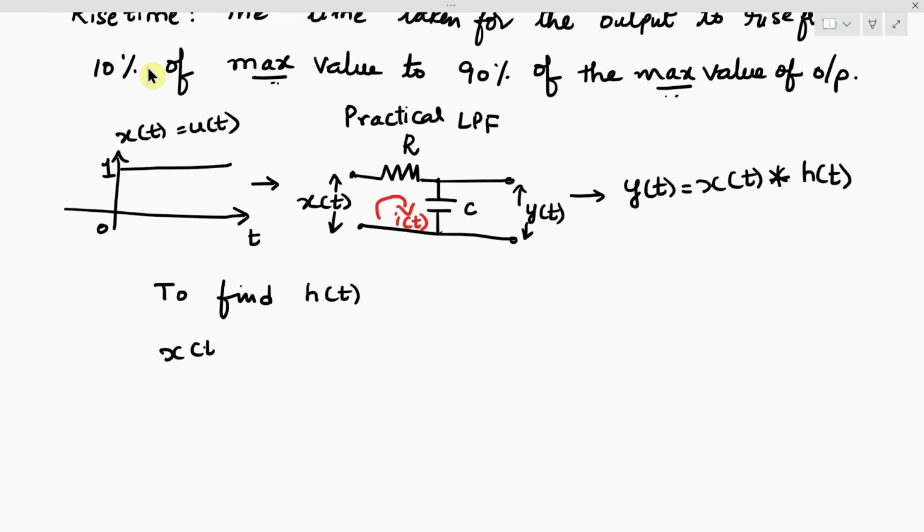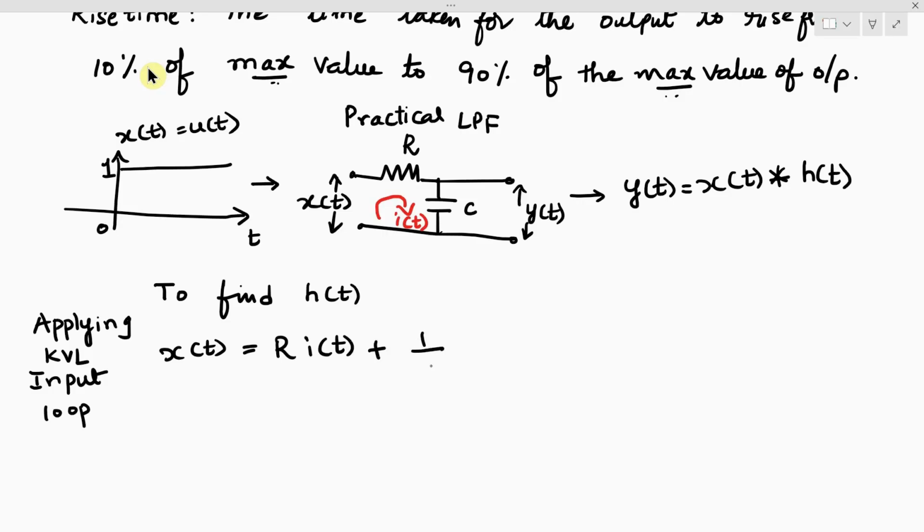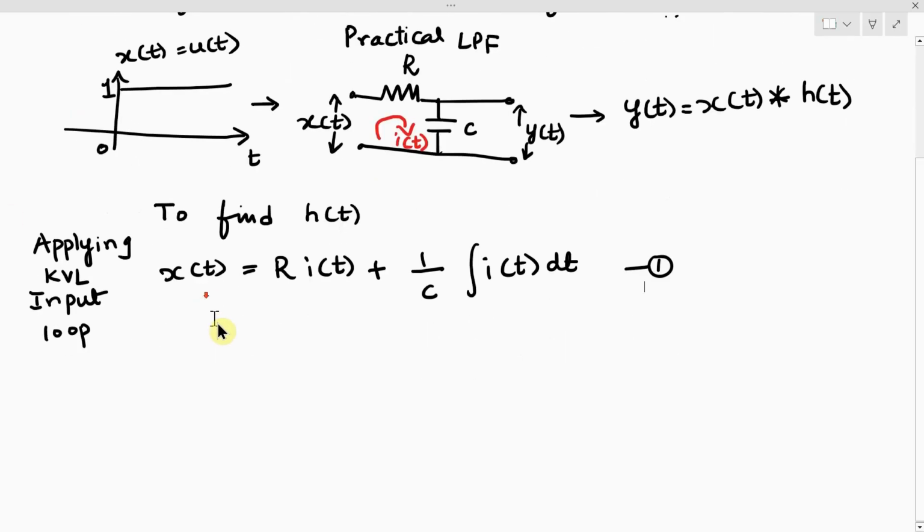So, applying the KVL in the input loop, x of t equals r into i of t plus 1 by c integral i of t dt. Next, also apply the same in the output. That means the output y of t is always measured across the capacitor.